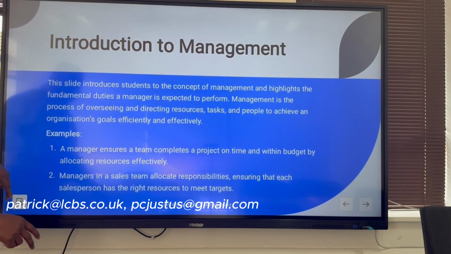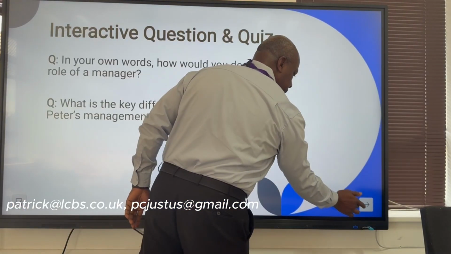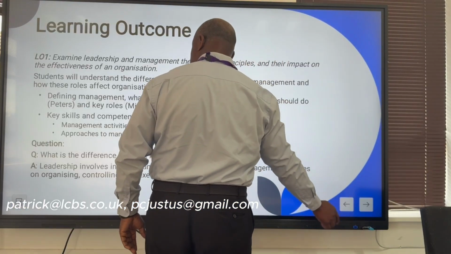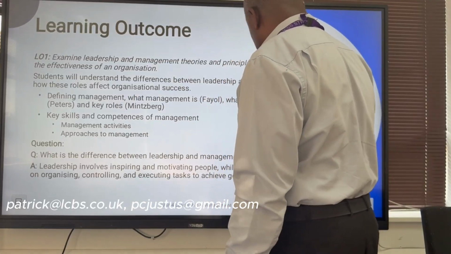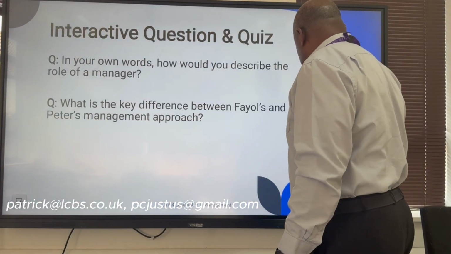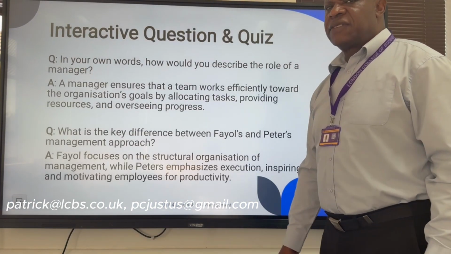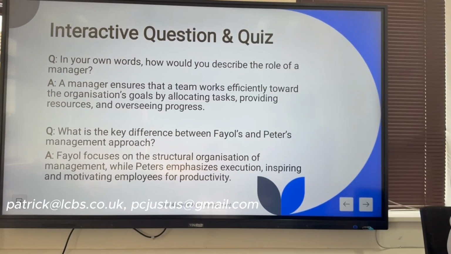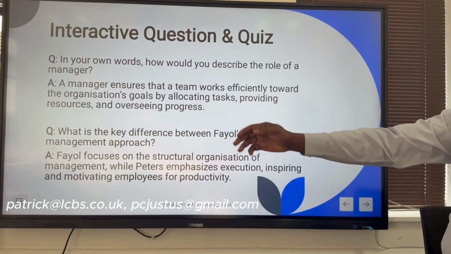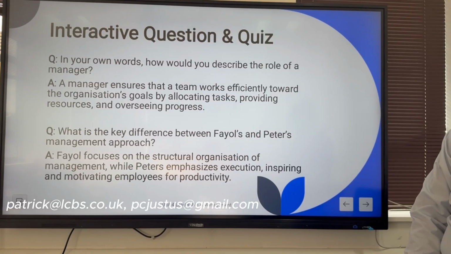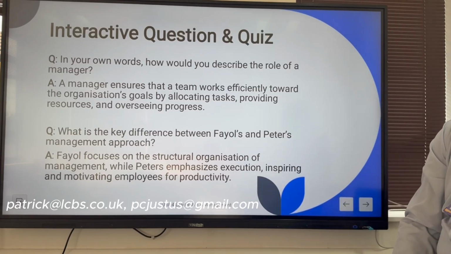You can have a model answer here. This is the model answer for what I've just asked you. Managers ensure that a team works efficiently towards the organizational goal by allocating tasks, providing resources, and overseeing the progress of the activity.